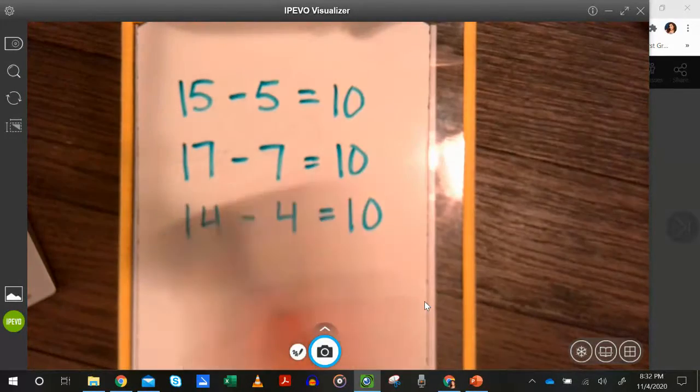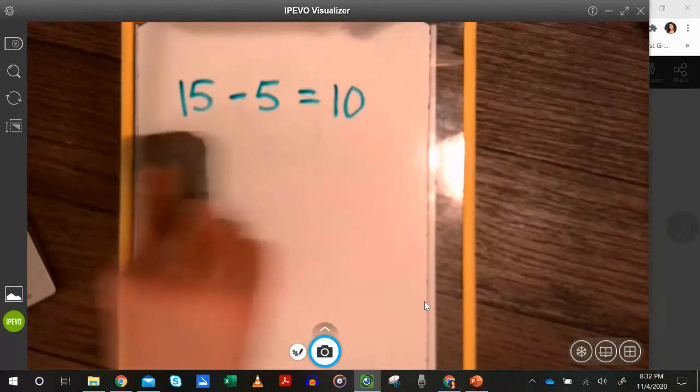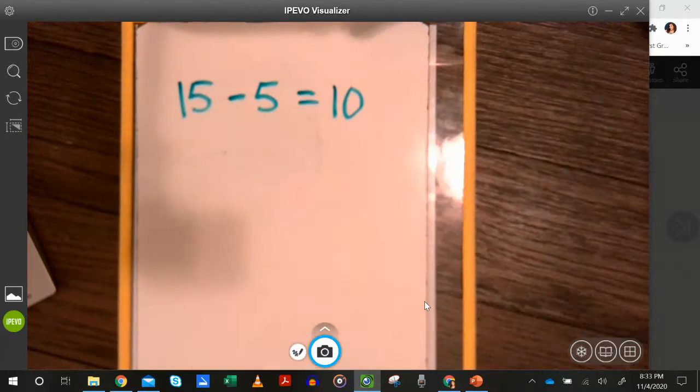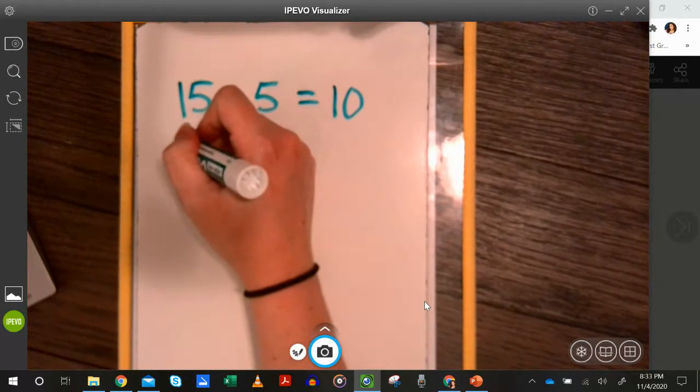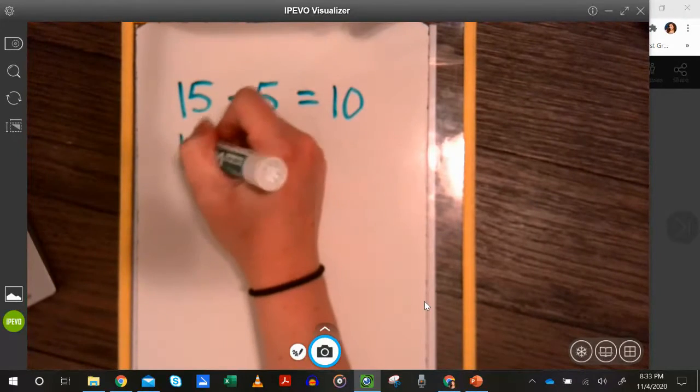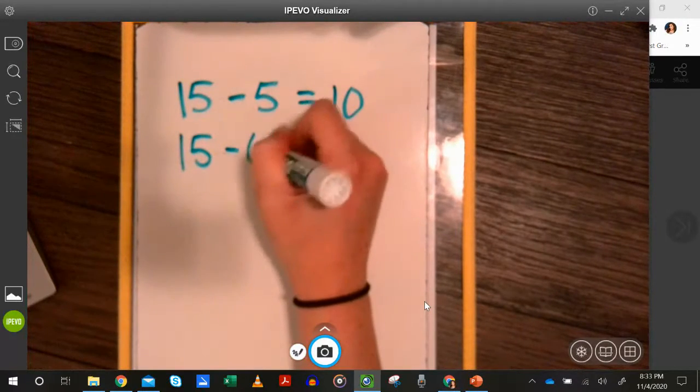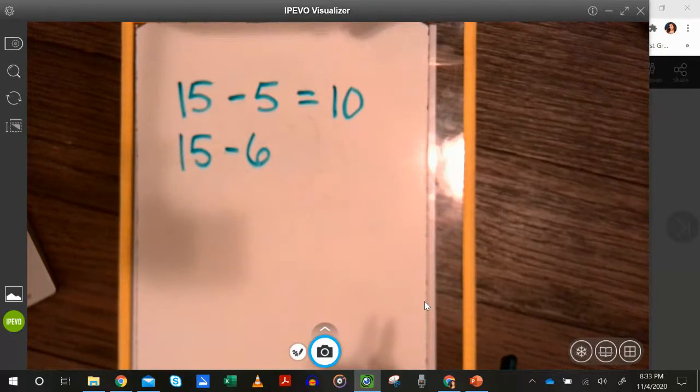So let's come back up to 15 minus 5. We know 15 minus 5 equals 10. Well, what if instead of 15 minus 5, we wanted to do 15 minus 6?